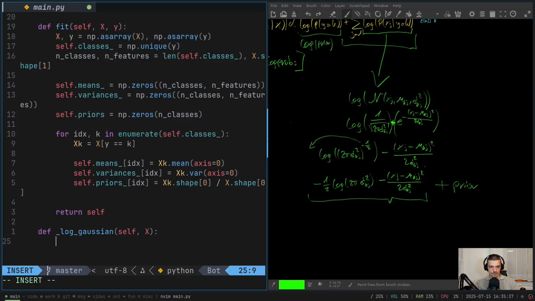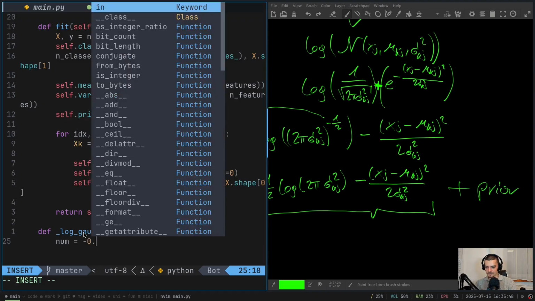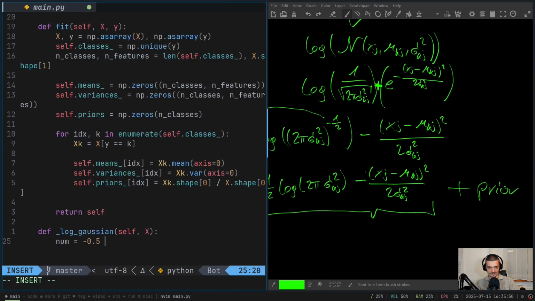So let's maybe start with the right side here with this xj minus the mean squared divided by that. So what we have here basically is, let's call this num, is equal to negative 0.5, which is 1 over 2. Here we have an imaginary 1, and here we have the 2. So 0.5 times, and then we have this thing. However, we need to do this now in the NumPy way.